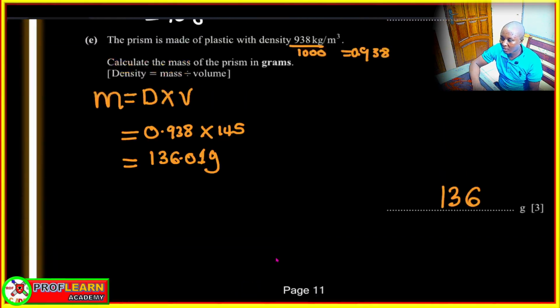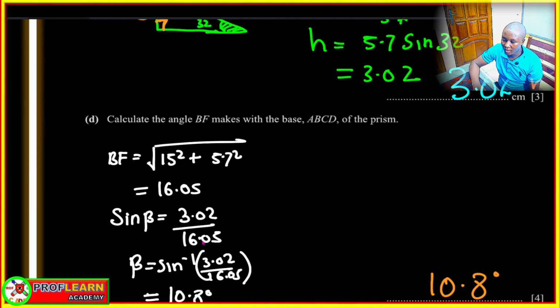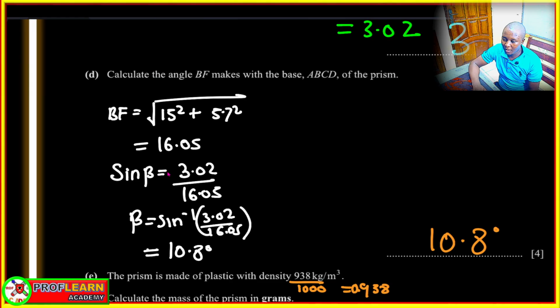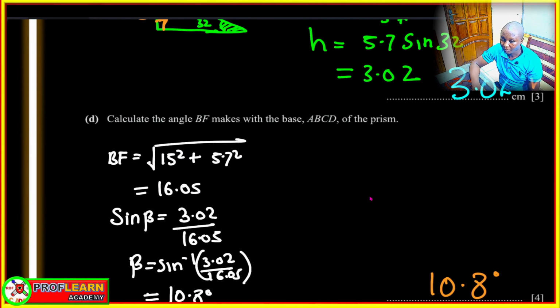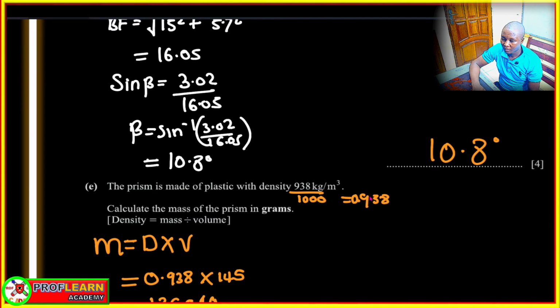I got BF, and then I used sine beta is equal to 3.02 over 16.05. Then we find sine inverse to get 10.8. So that's what we are supposed to do in that particular question.